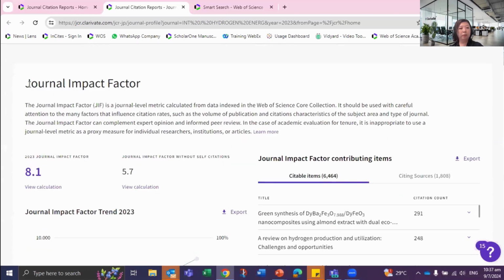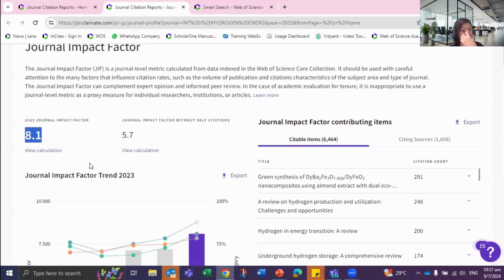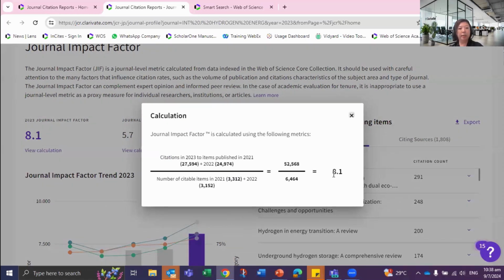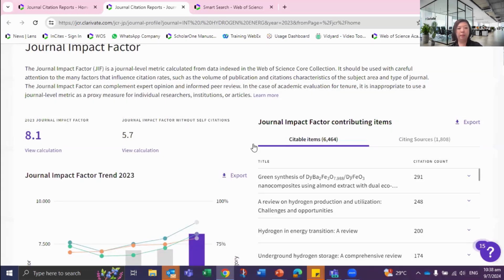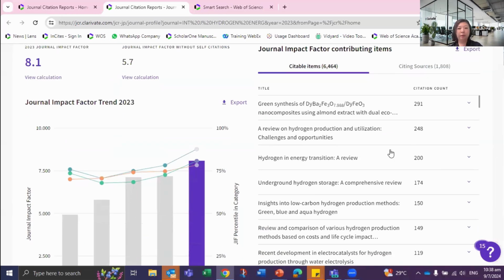Scrolling down, you would see the journal's journal impact factor and this latest one, which is 8.1, which is your 2023 JIF. You can click through to see a calculation of how we got to this 8.1 if you're interested. But as a researcher, I think the more important part is to identify the items within the journal that are most cited. So on the right-hand side, we do have the contributing items for the journal impact factor. And these are articles published in the journal for 2023, 2022 and 2021.